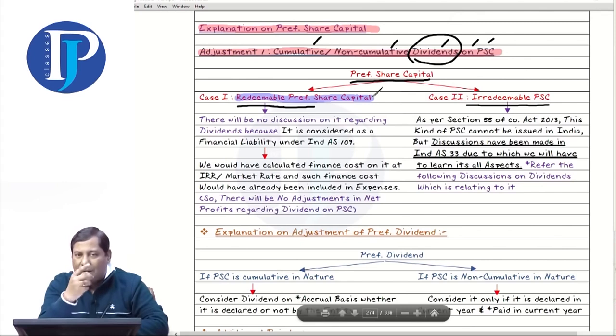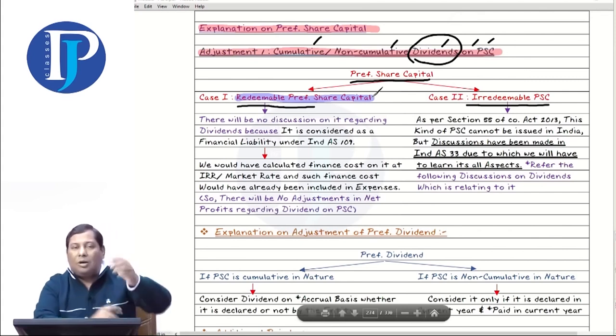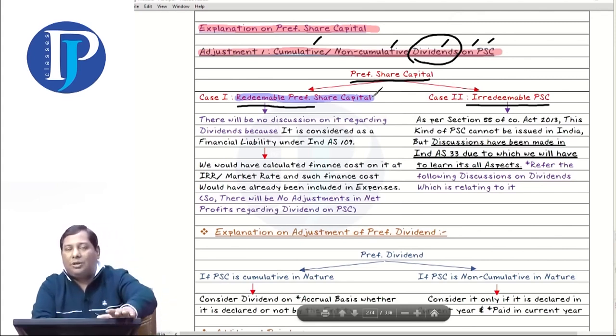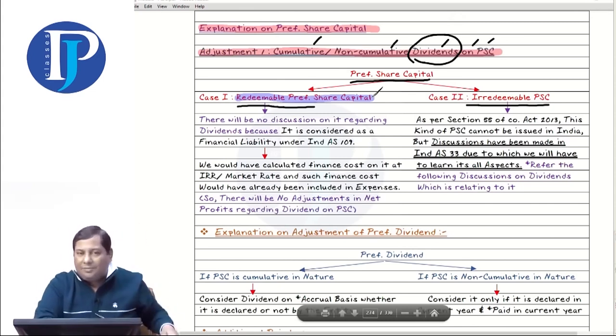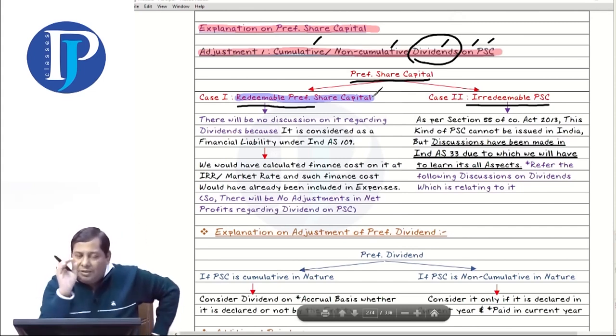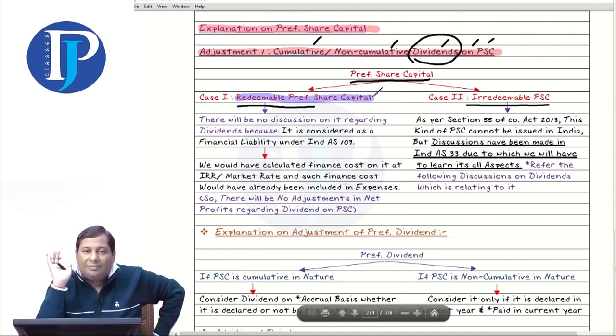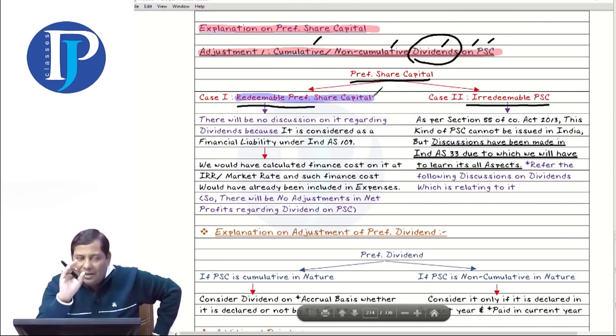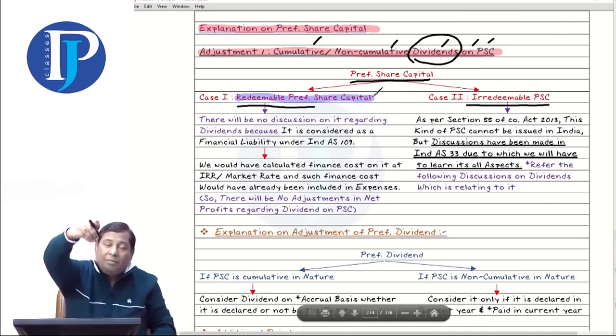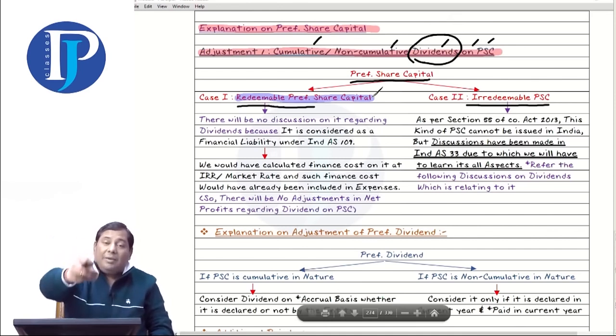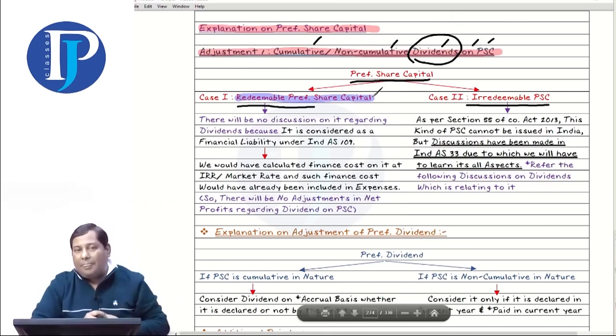And when we consider preference share capital as financial liability, then we show it in non-current liabilities, not in shareholder funds. Only equity share capital or other equity comes in shareholder funds. Preference share capital comes under financial liability, and we don't calculate dividends on that. We calculate interest on the financial liability. Interest comes under P&L, so it must have been included in expenses.